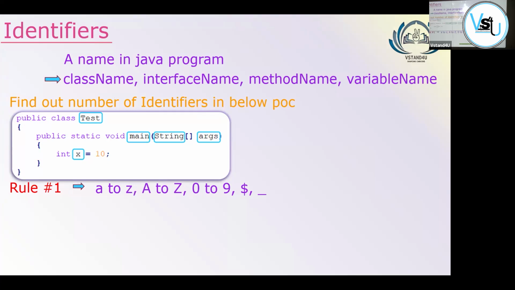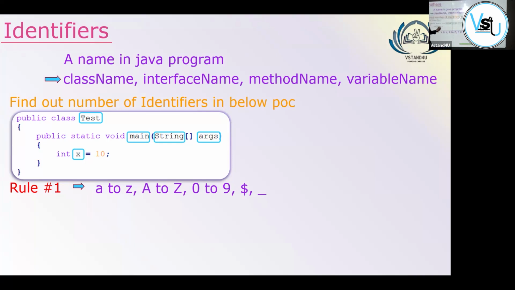Whenever you are giving any name in Java, it can consist of, read with me, lowercase a to z, uppercase A to Z, digits 0 to 9, and only two special characters allowed, either dollar or underscore. Apart from this, if I write at the rate, hash, not allowed. Percentage, not allowed.